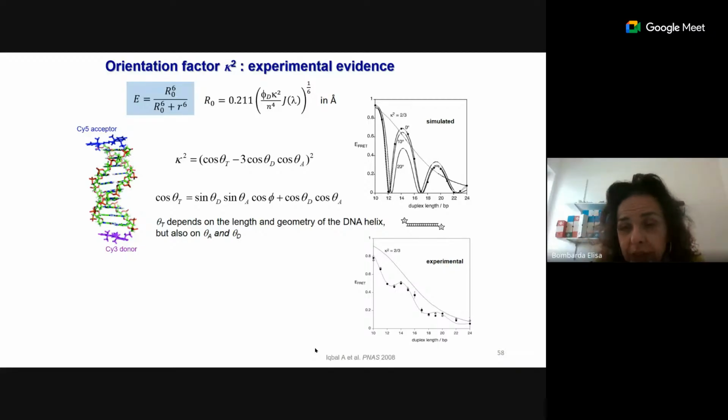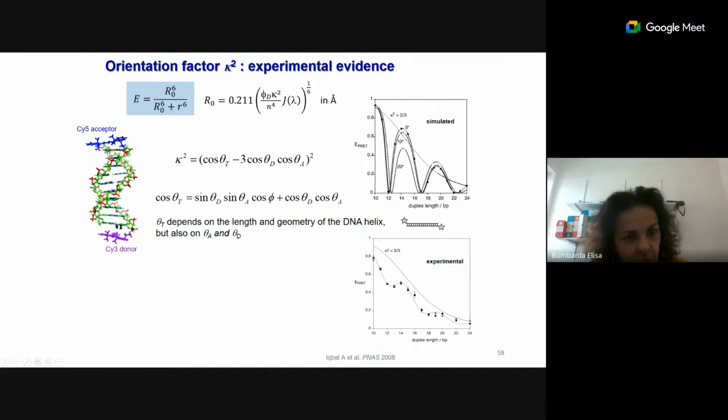So this was an interesting experiment that was done. That is DNA labeled with two chromophores, two cyanine dyes, cyanine 3 as a donor, cyanine 5 as an acceptor. Okay, FRET can be measured, and FRET was actually measured as a function of the length of the DNA.